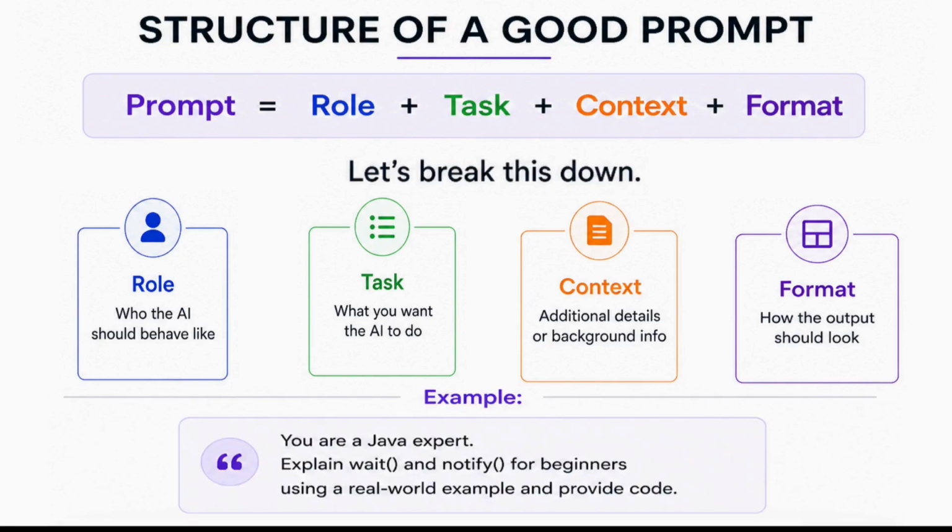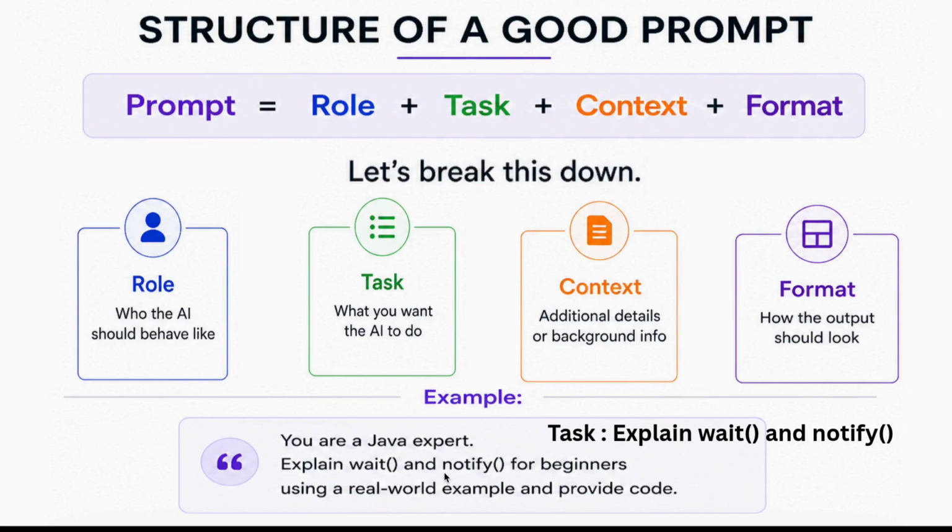For example, you can give a prompt: you are a Java expert, explain wait and notify for beginners using real world example and provide code. So you are a Java expert, it's a role. You are saying to the LLM, you are a Java expert. Then the task you are giving is explain wait and notify.